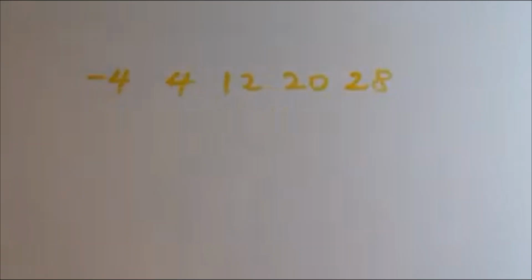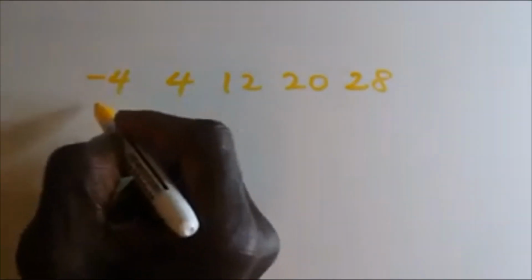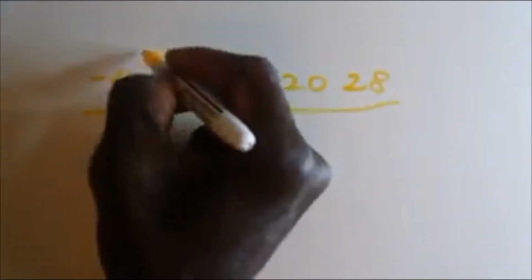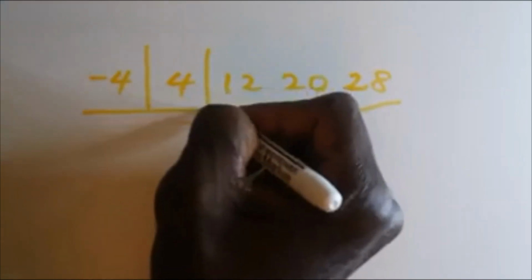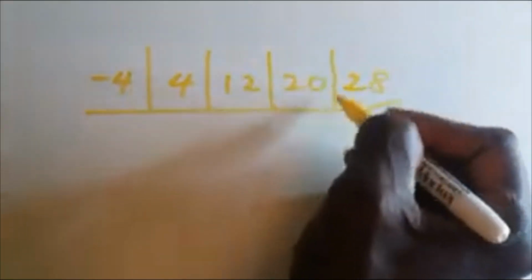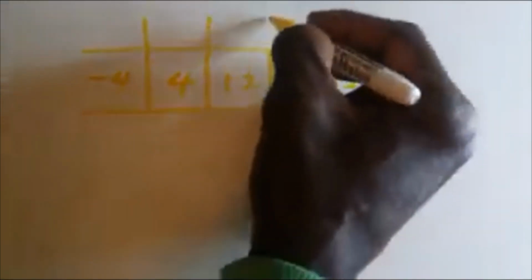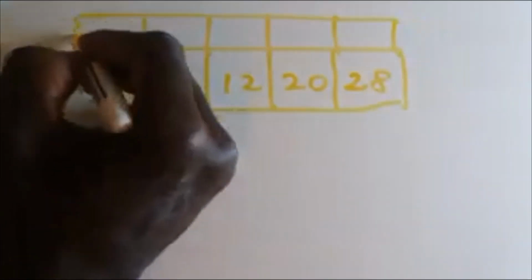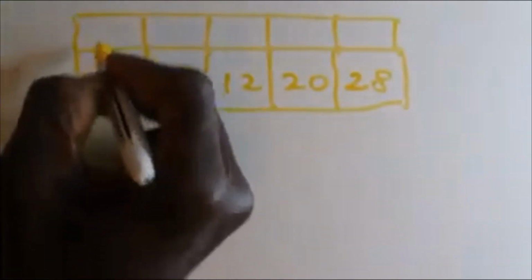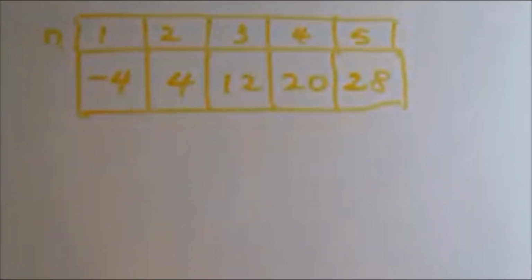Here's our next sequence. It looks rather strange, but again we'll create a table. Our positions are n.